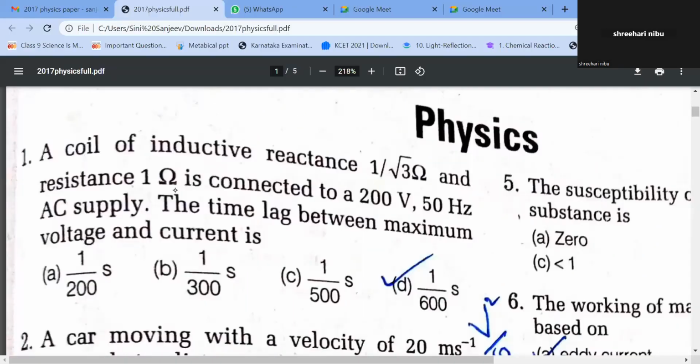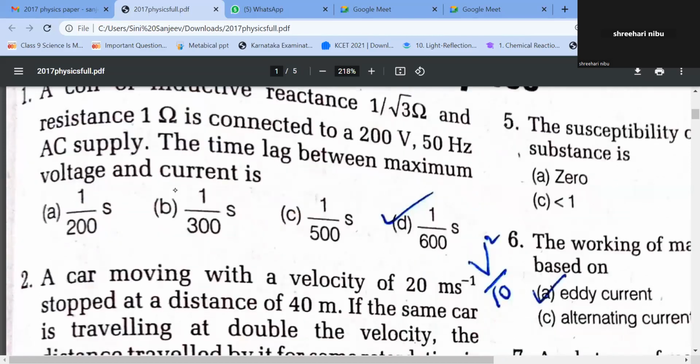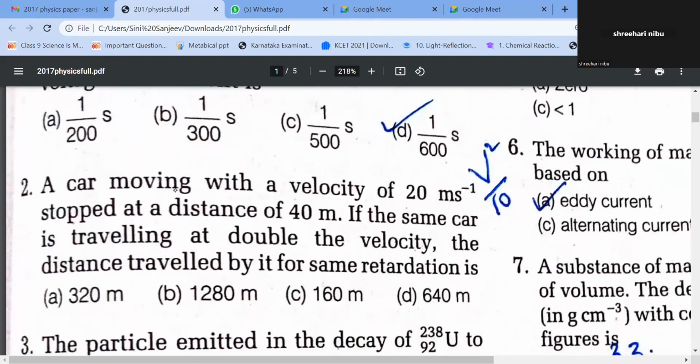So, can you try the next question then? And if you have forgotten the formula, what is the formula we have to use here?